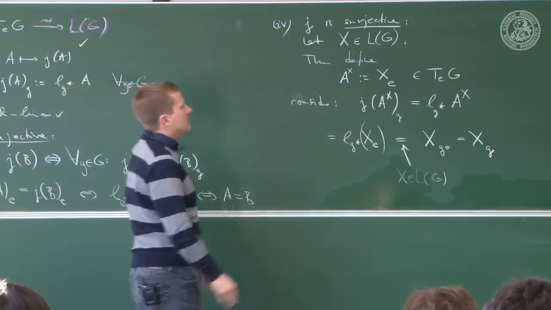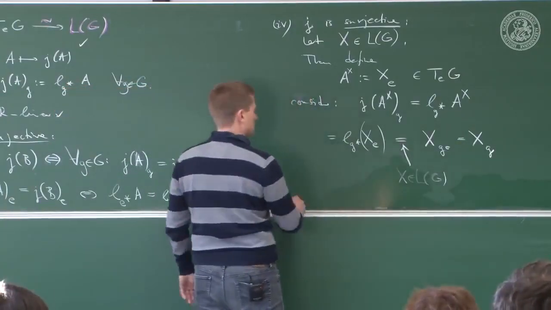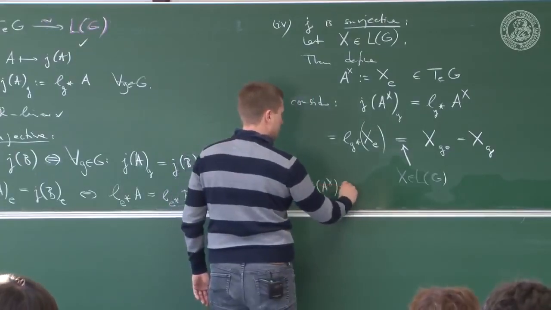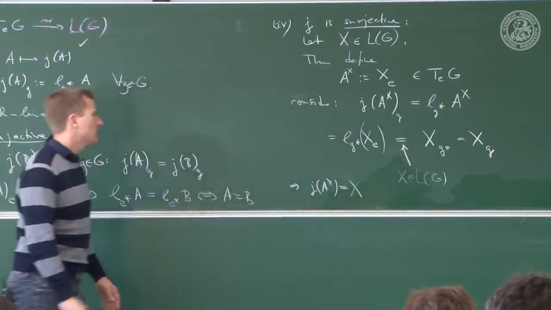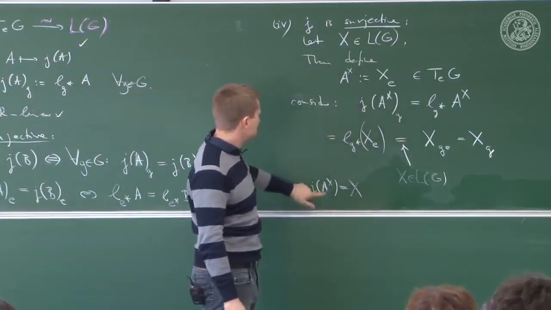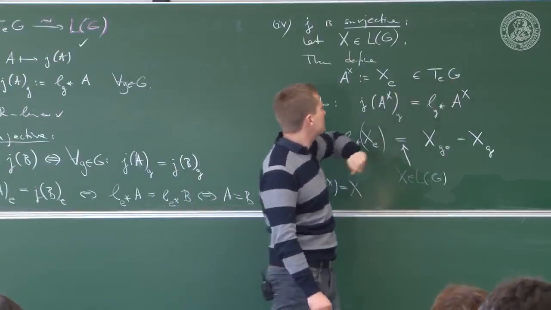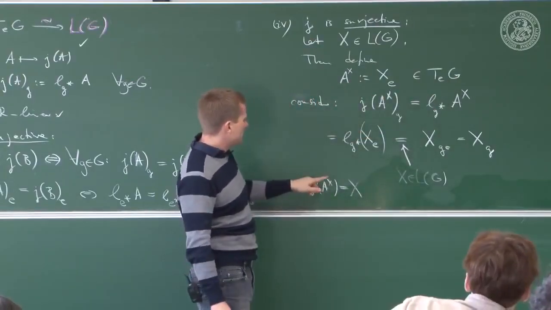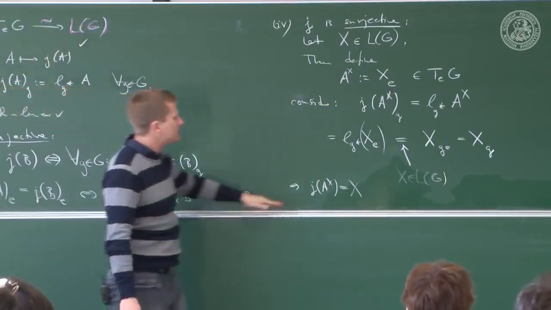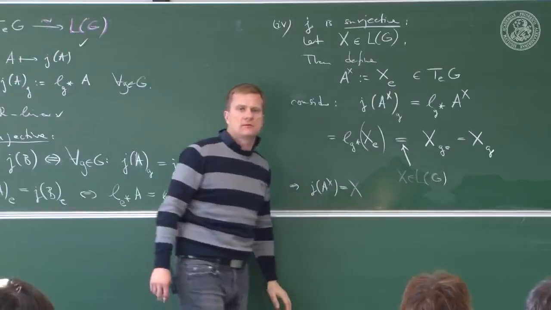And that means that J of AX is X. The original, so I chose an arbitrary one and I constructed an element of the tangent space at the identity that, if it's mapped by J, hits this arbitrary element.